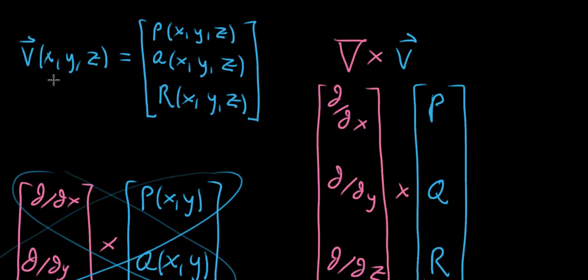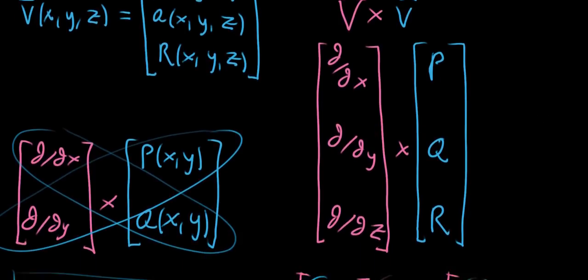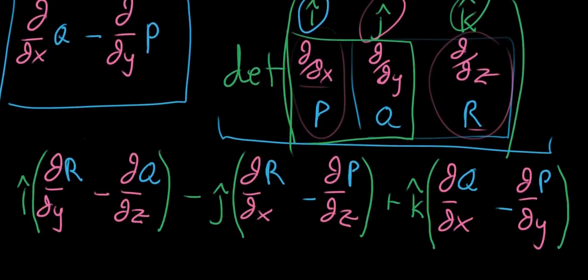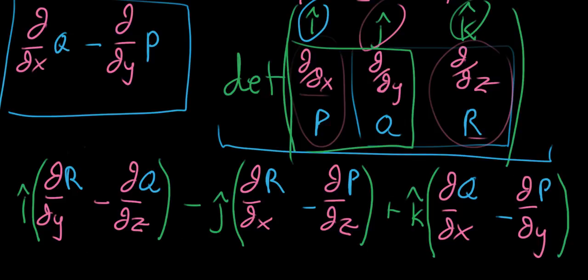So here we have our vector-valued function v, whose components are P, Q, and R. And when you go through this whole process of imagining the cross product between the del operator, this nabla symbol, and the vector output P, Q, and R, what you get is this whole expression, and here we're writing it with i, j, k notation.